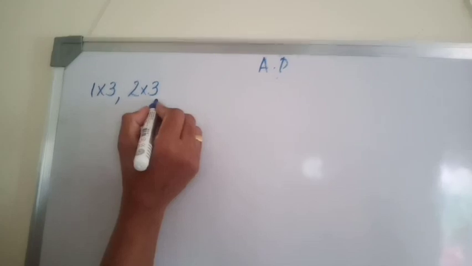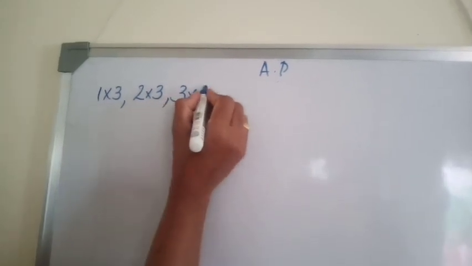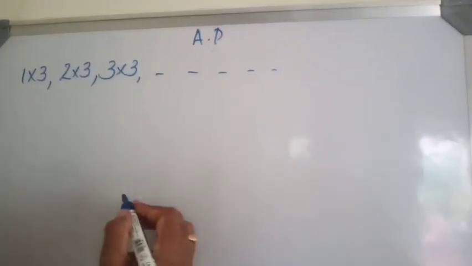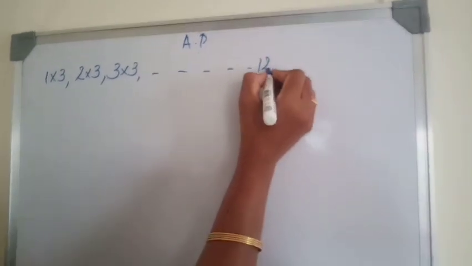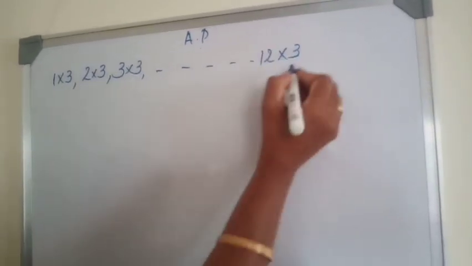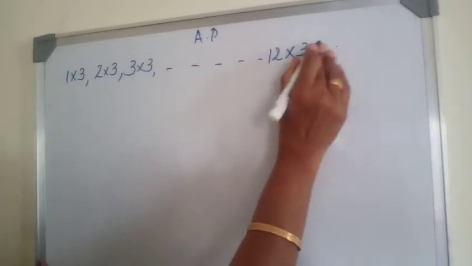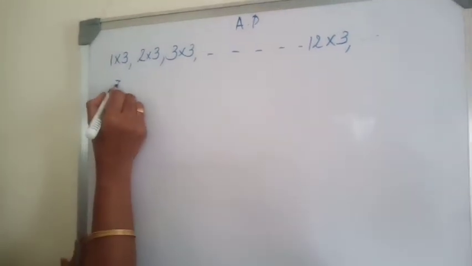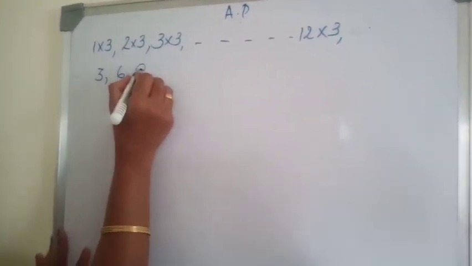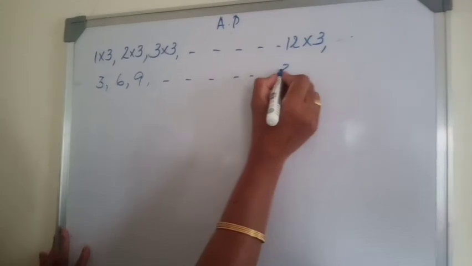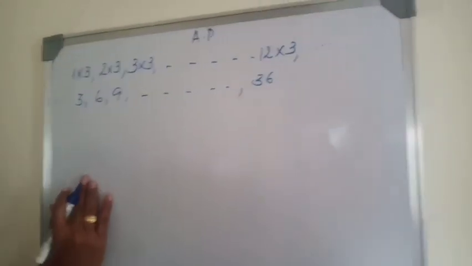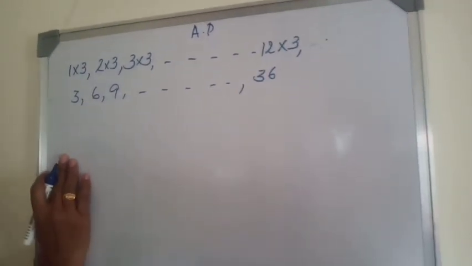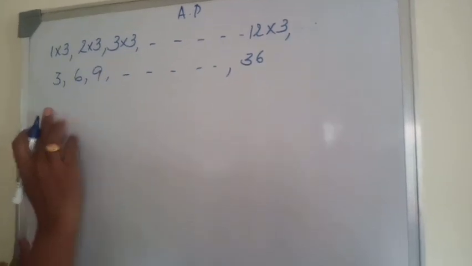So 2 into 3. Similarly, 3rd standard, 3 into 3, etc. There are 12 classes. So 12th standard also will plant 12 into 3 plants because there are 3 sections. So here AP is 3, 6, 9, etc., 36. We have to find out what is the total number of trees planted by the children.